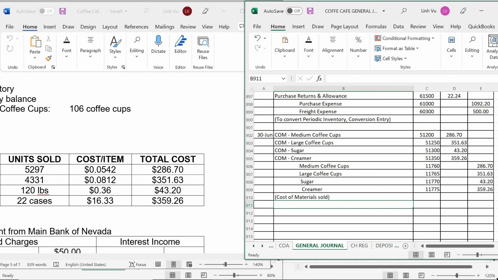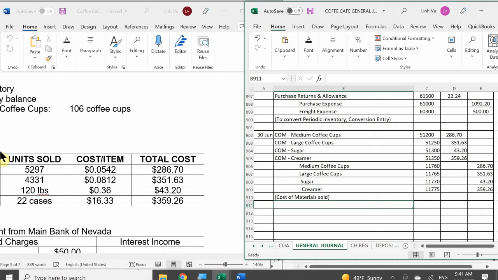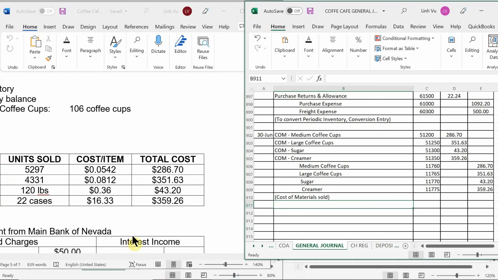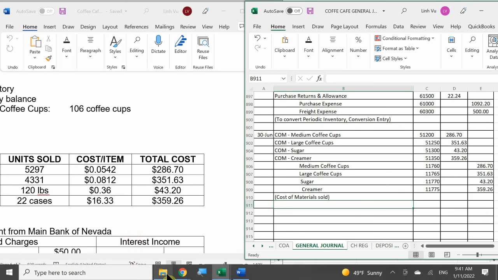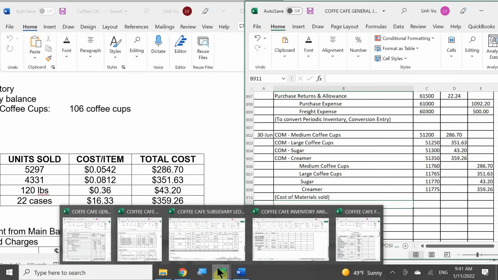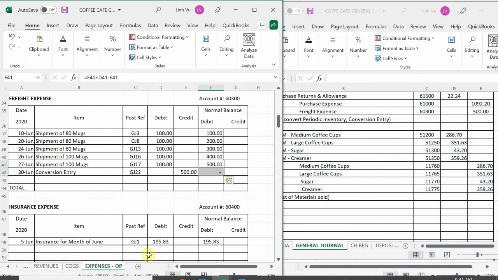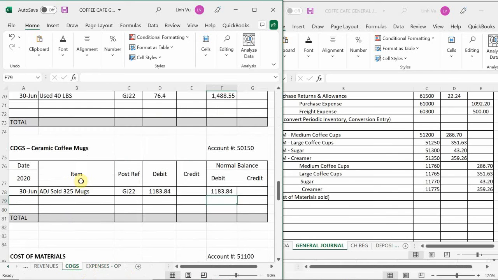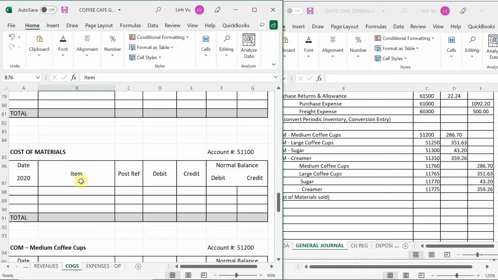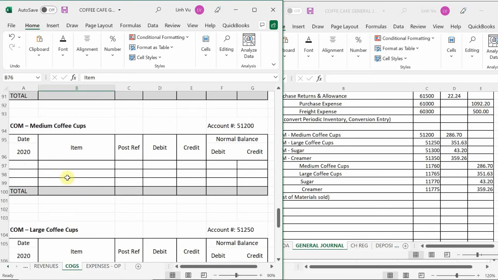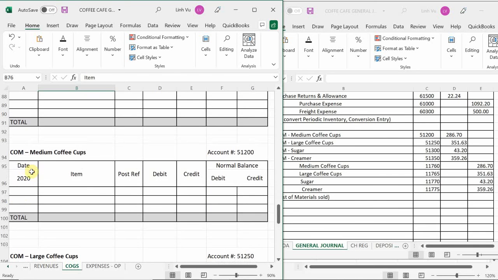So let's go ahead and enter in our numbers here in our ledger, because we are done with the journal. Starting with cost of materials, which is a cost of goods sold. Here we are, cost of materials, starting with the medium coffee cups.